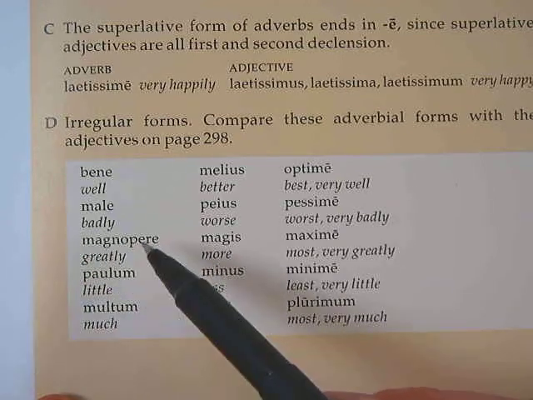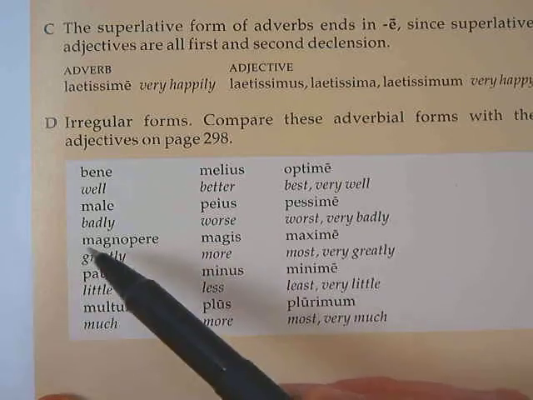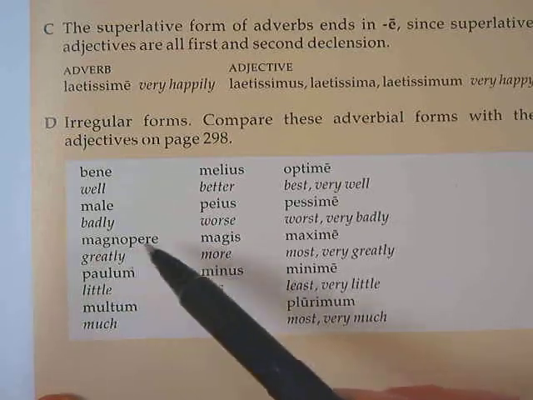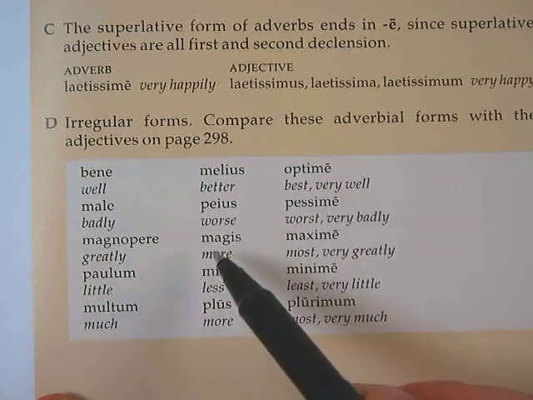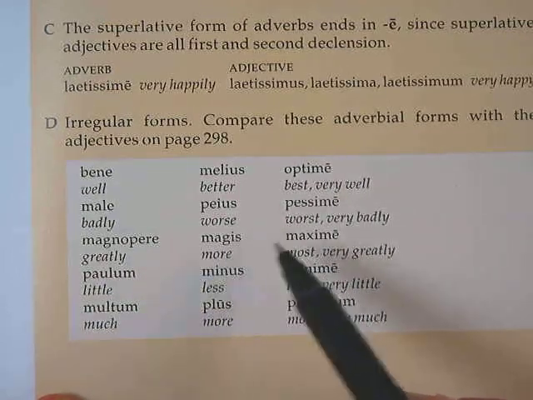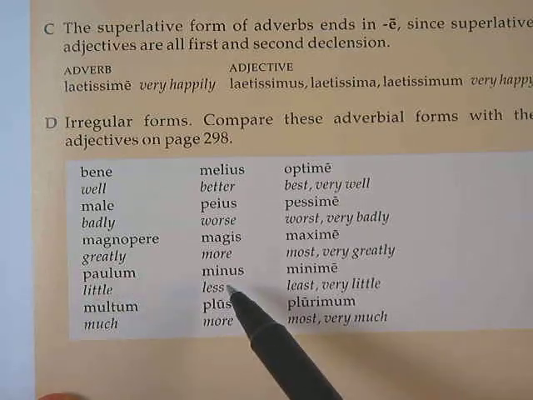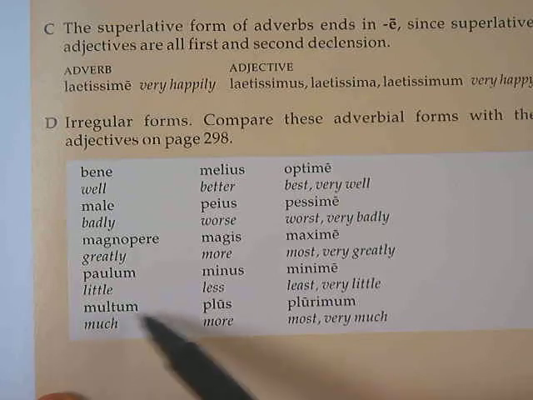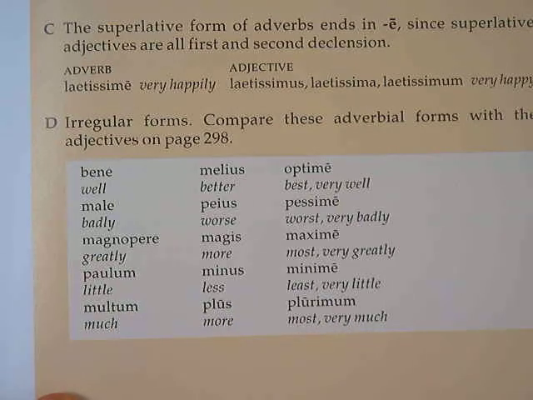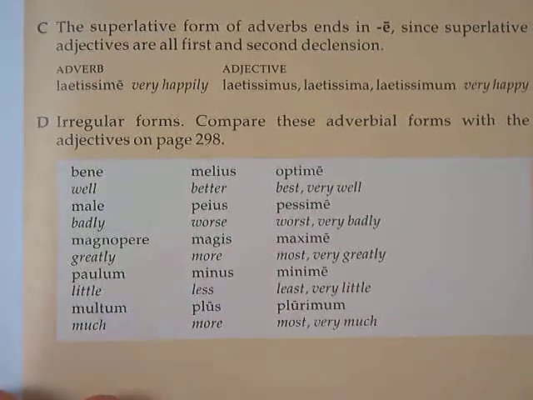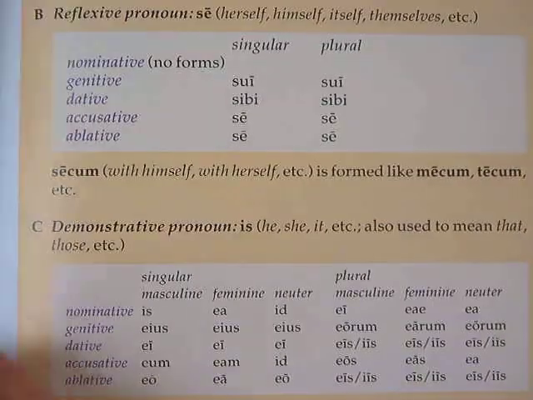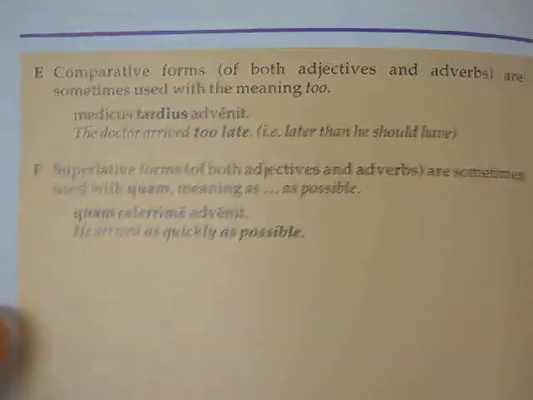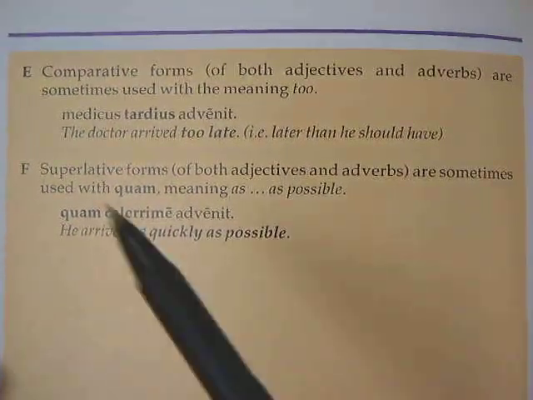This one's kind of a funny one because it's really magno opere, with great effort or work. So it becomes magnopere. That's where that comes from. It's kind of like two words that got sandwiched as one. And magis and maxime. Paulum, minus and minime. And multum, plus and plurimum. So these are just some irregular forms of adverbs.